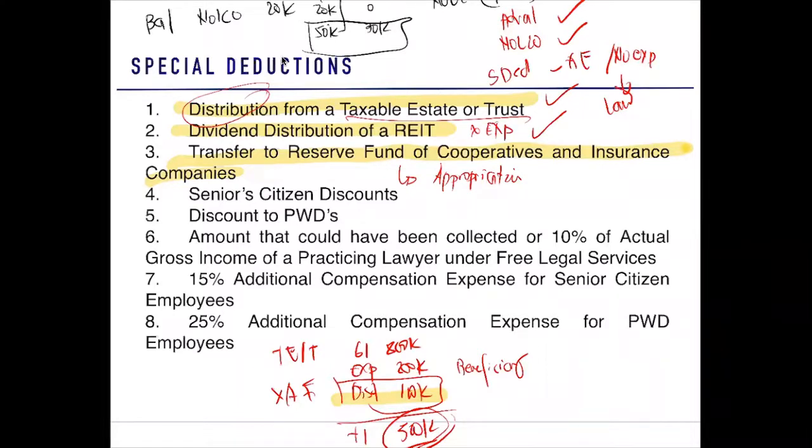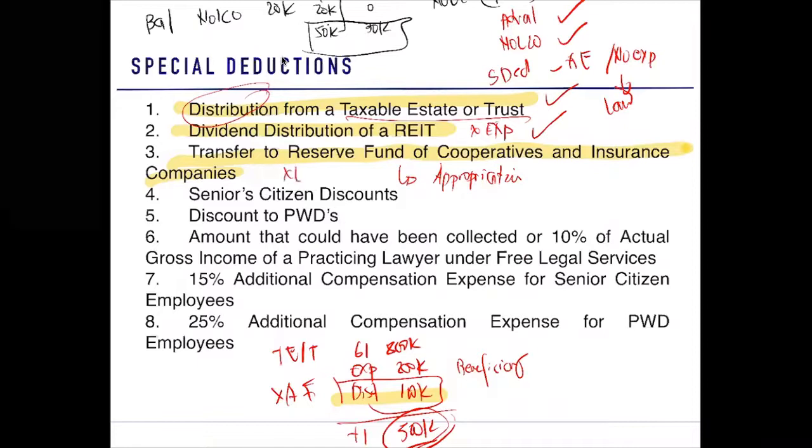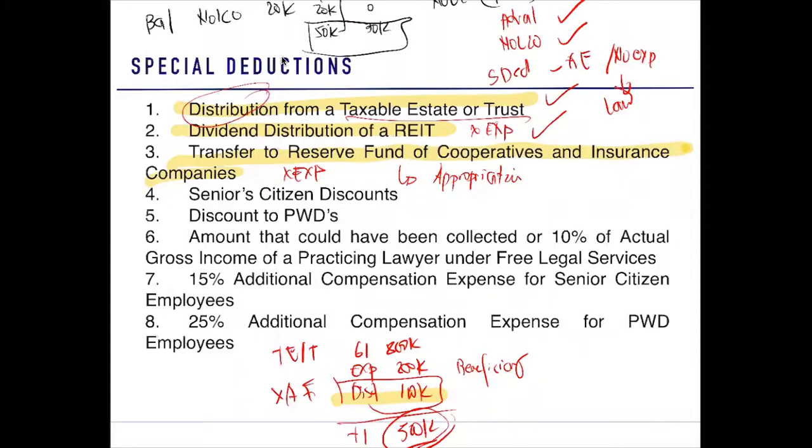So this one, you appropriate the earnings of cooperatives and insurance companies to reserve fund. So under the law, even though it is not an actual expense, you can deduct it. O, di ba nakakatuwa? Hindi naman siya actual expense or actual expense man siya, may dagdag kang deduction. So number 1, 2, and 3, it is not really an expense, but you can deduct it.